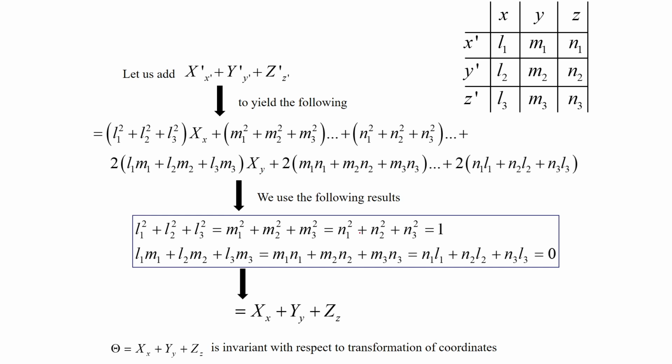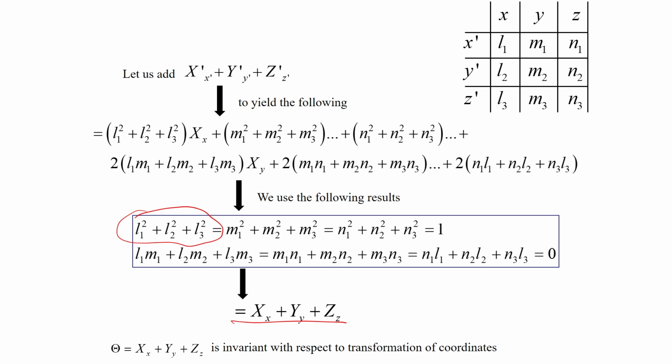Here we can use the results L1 square plus L2 square plus L3 square equal to 1, and we find that x dash x dash plus y dash y dash plus z dash z dash comes out to be xx plus yy plus zz.